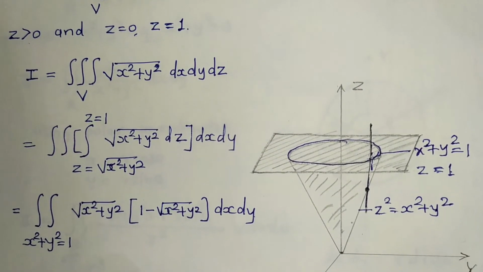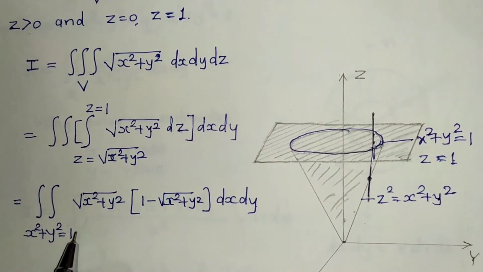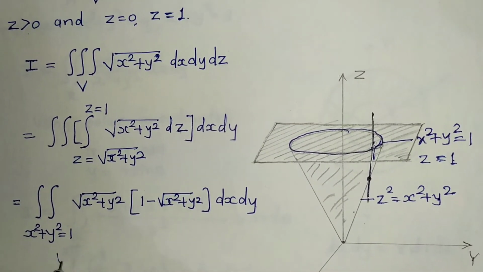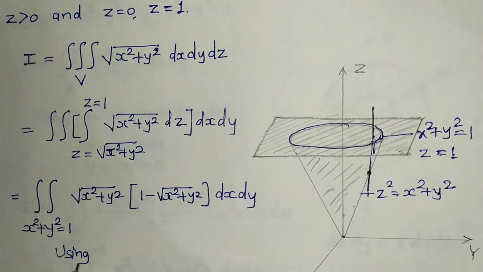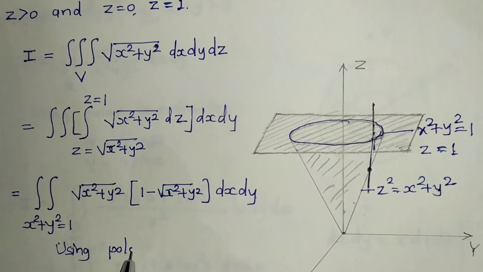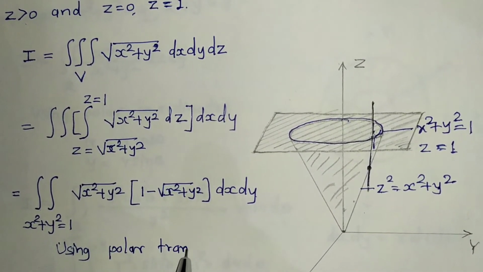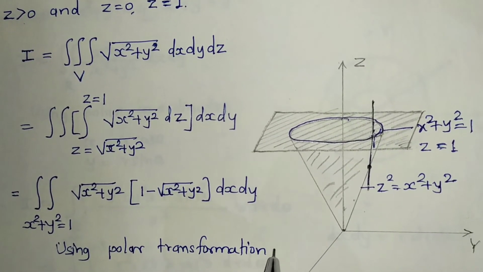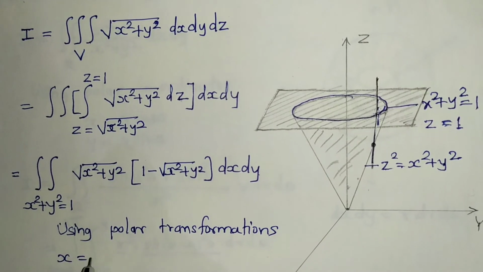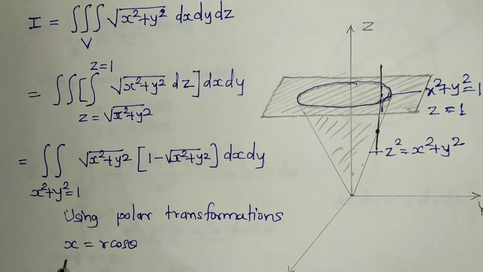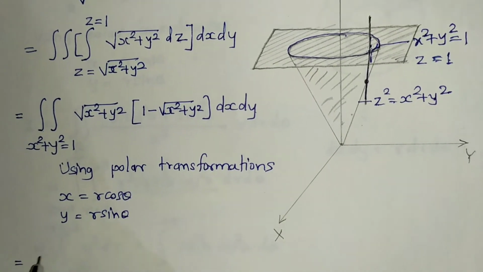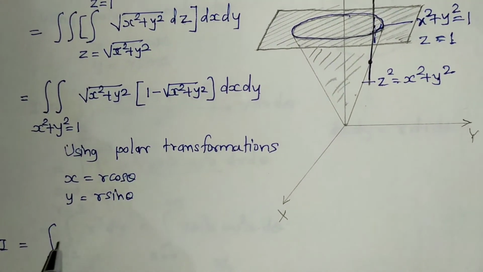As this area is circular, it is better to transform this integral into polar form. Using polar transformations, you know that x is equal to r cos theta, y is equal to r sin theta. So I becomes a double integral.